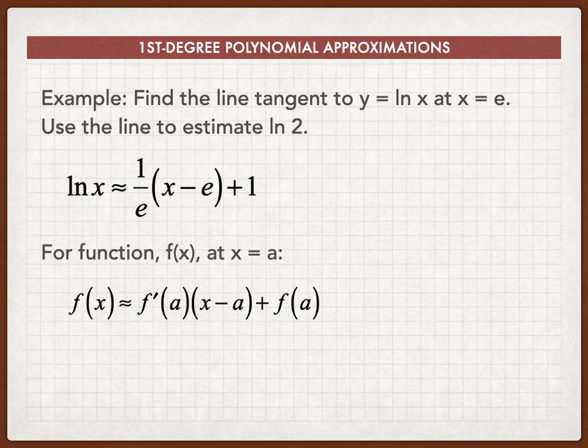For a general function, f, at a particular x location, a, the first degree polynomial approximation is the slope, f prime at a, times x minus a, plus the function at a. Suppose we used a second degree polynomial. Wouldn't we get closer to the value we want?